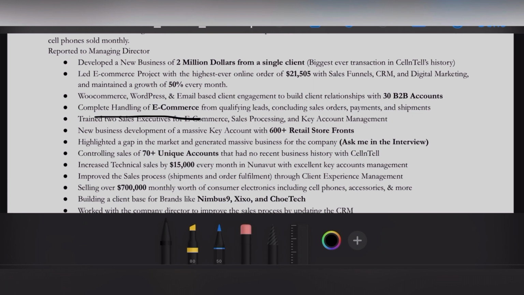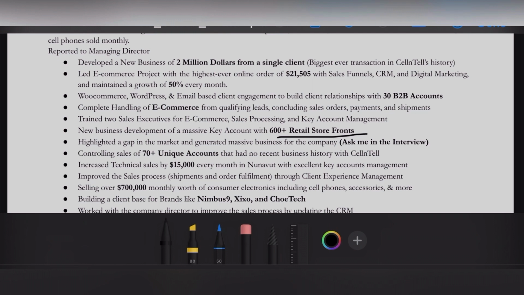So these all include keywords: sale orders, payments, shipments. They are all keywords. Okay, then trained 2 sales executives. So always write numbers. So 2 is a number, right? New business development of a Magic Email account with 600 plus retail store fronts. Numbers. So this is something I did.